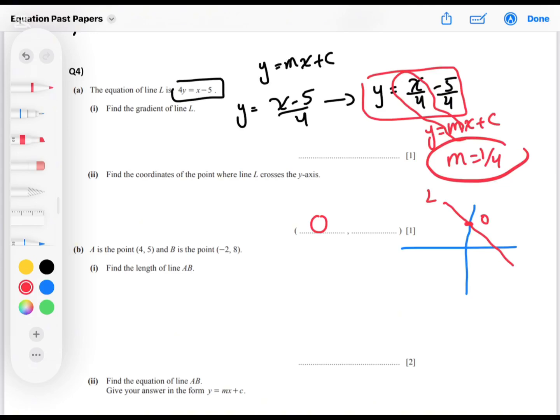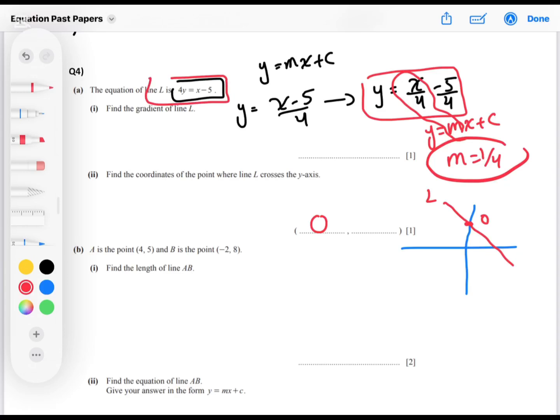Now, how can we find the value of y? We just need to put the value x is 0, and then we get the y coordinate.